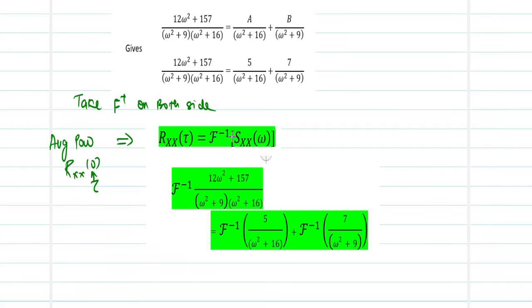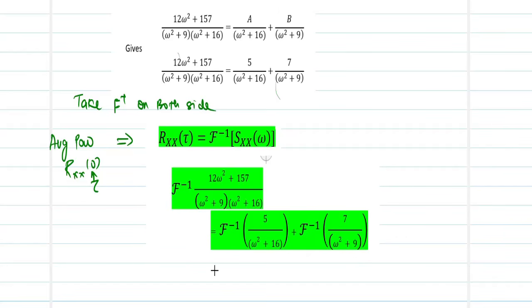So I want F inverse of the partial fraction, because it is F inverse of the given quantity, 12 omega square plus 57 by omega square plus 9 into omega square plus 16. Taking Fourier inverse on the left hand side is the Fourier inverse of the right hand side. So I will split it into two factors: F inverse of 5 divided by omega square plus 16 plus F inverse of 7 divided by omega square plus 9.